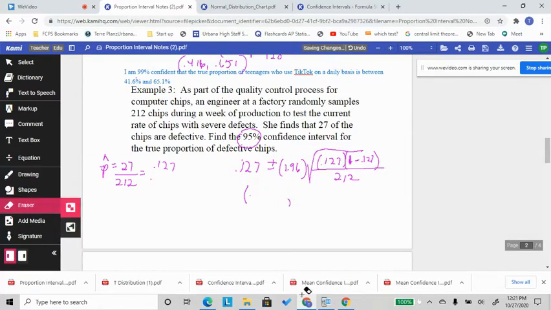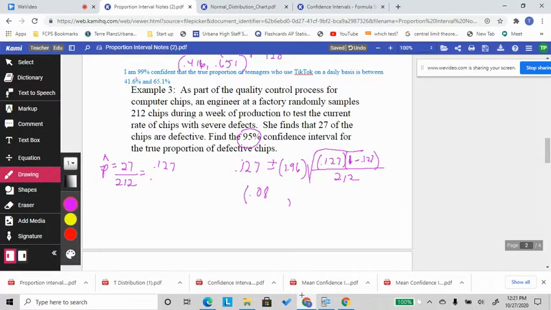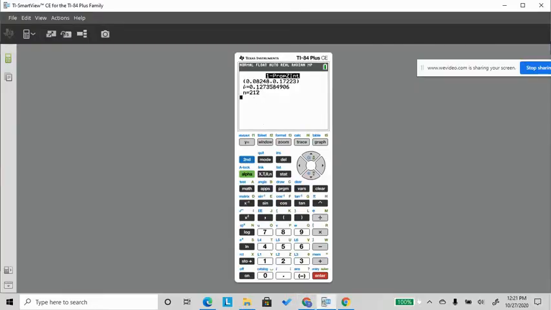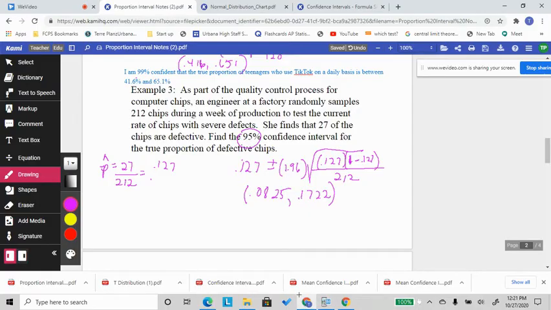That's the upper bound. I want to do the lower bound first. 0.0825, 0.1722. Wow, I missed the whole thing. Okay, there we go. We can even do the 4 if we want to. And then lower bound and upper bound. I had mixed these two up in my brain. Sorry. So we can do 4 here, since I was taking everything to 4 decimal places.